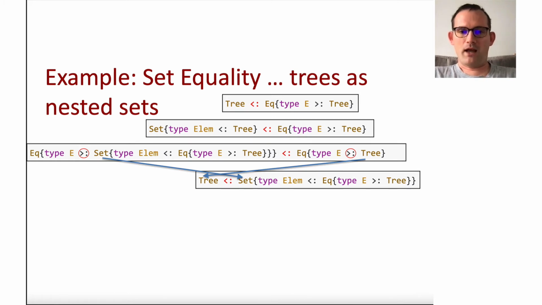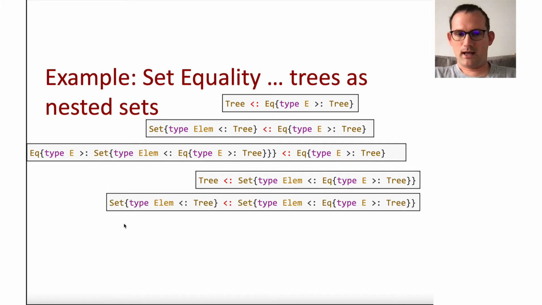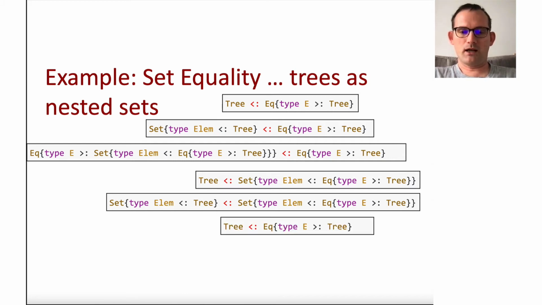And of course, what that results in is that if you look at the declaration of set and tree, the tree has to be expanded to set, which has the type element, subtype of tree, and when you expand that, you end up back to where you started with tree having to be compared to an equatable. So I, in some ways, tricked the type checker, but I didn't do anything particularly wrong by basically utilizing the power of being able to use bounded polymorphism to get it to loop forever.